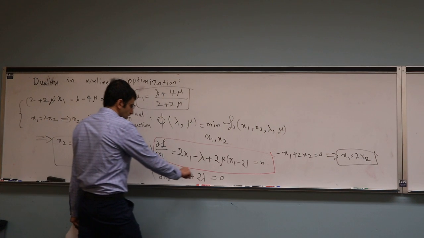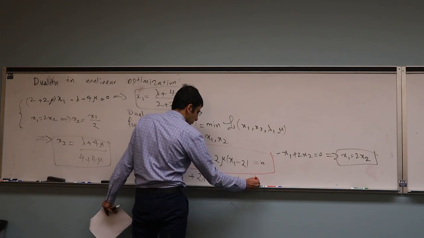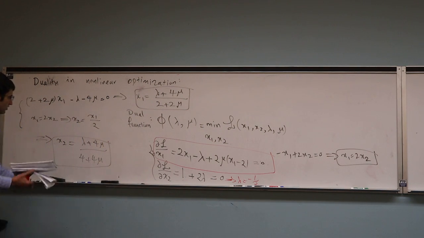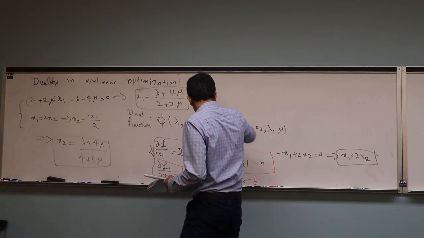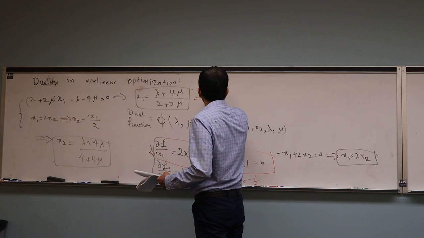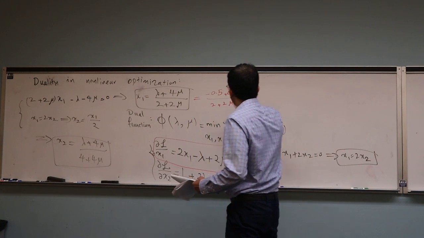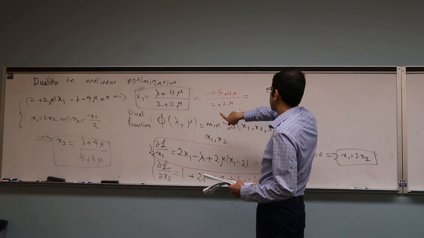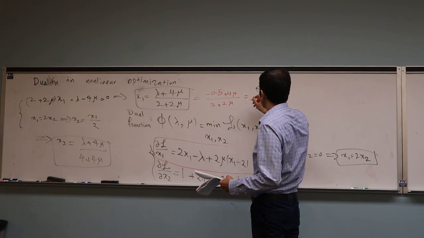So if we do that, then lambda is minus 1 over 2. So let's insert lambda here. It will be minus 0.5 plus 4 mu, 2 plus 2 mu. Then multiply both numerator and denominator by 2.